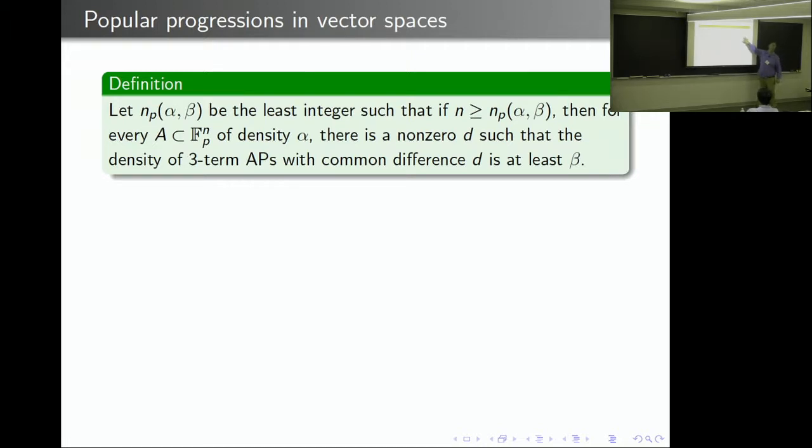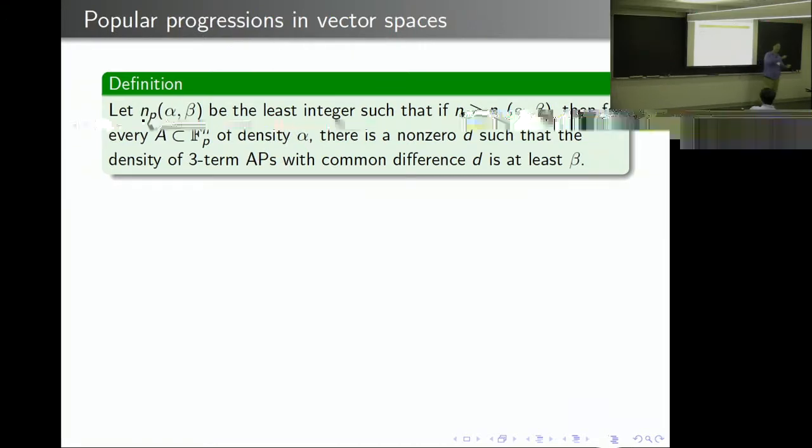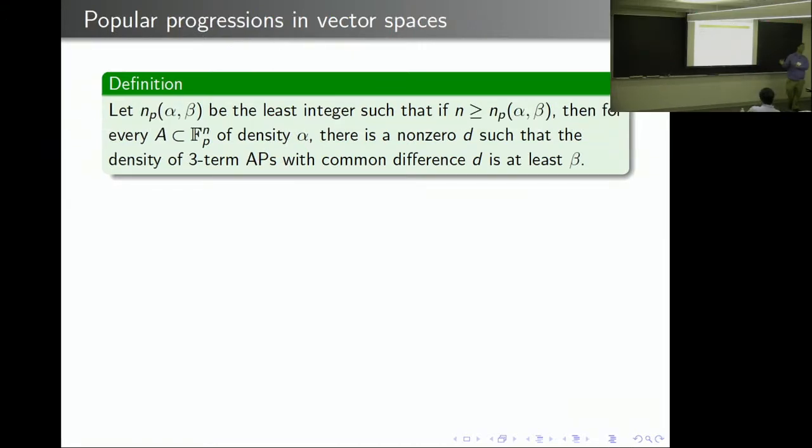So we looked at the one variable, not really changing the beta. Before the joint work of the three of us, there was work with Huy Pham. We split up into two papers where we determined the tower height for N_p of alpha, beta up to an absolute constant factor plus an additive term that depends on p.